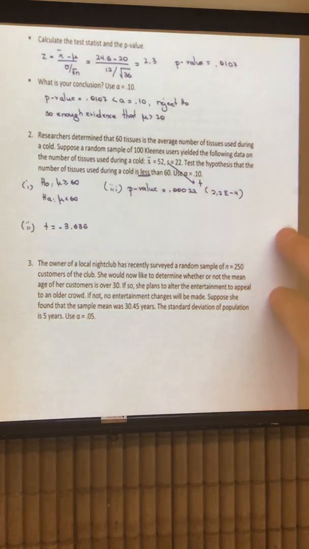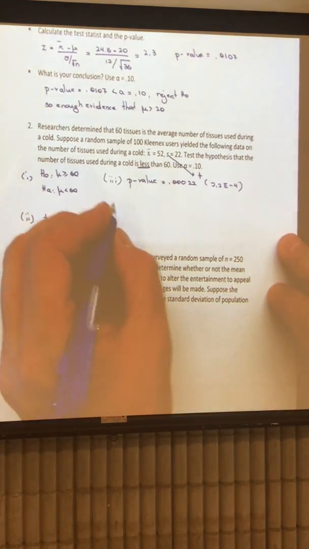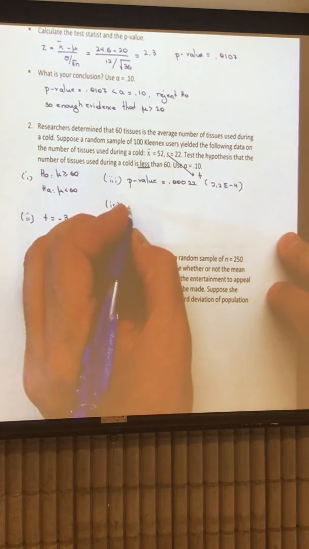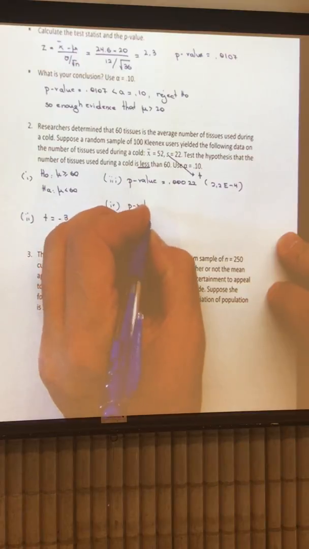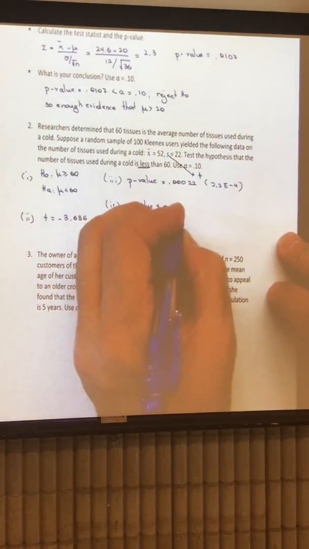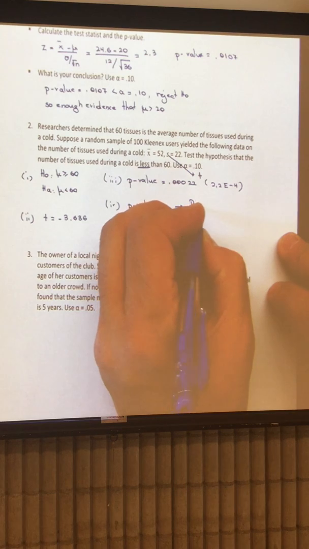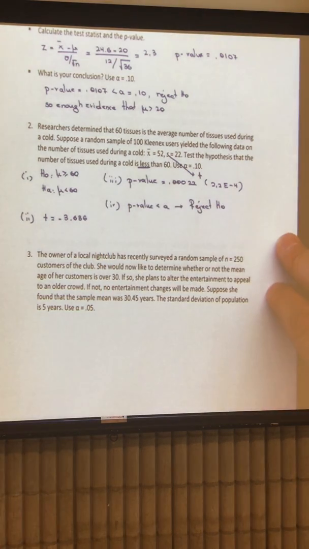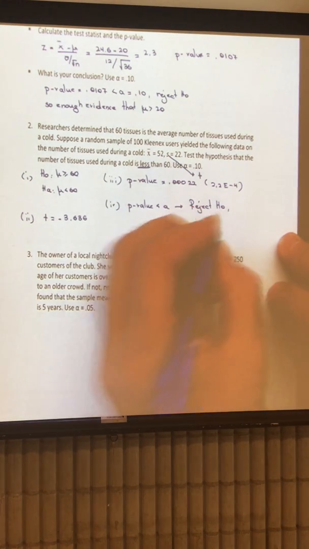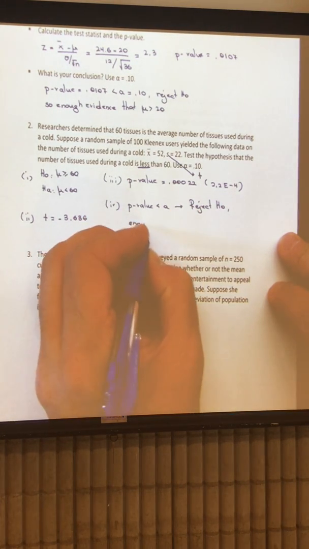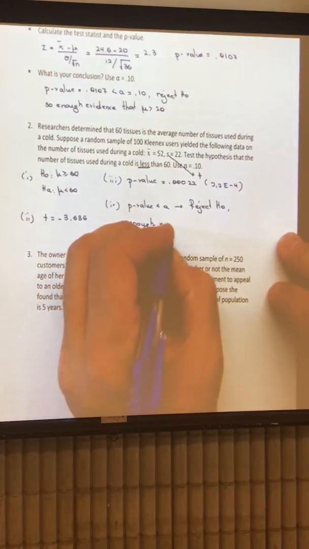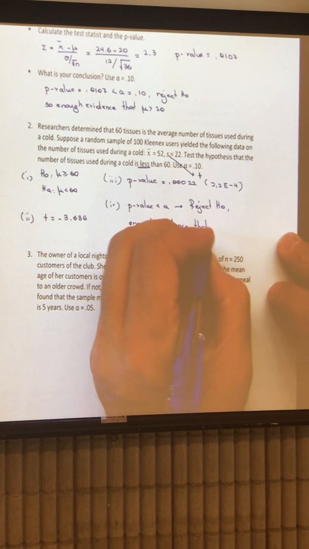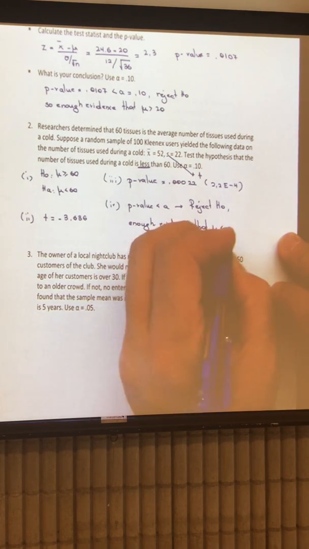That means you have 4 zeros before the number. And finally, the conclusion, where the p-value is less than alpha. So in this case, you reject the null hypothesis. So you have enough evidence that mu is less than 60.